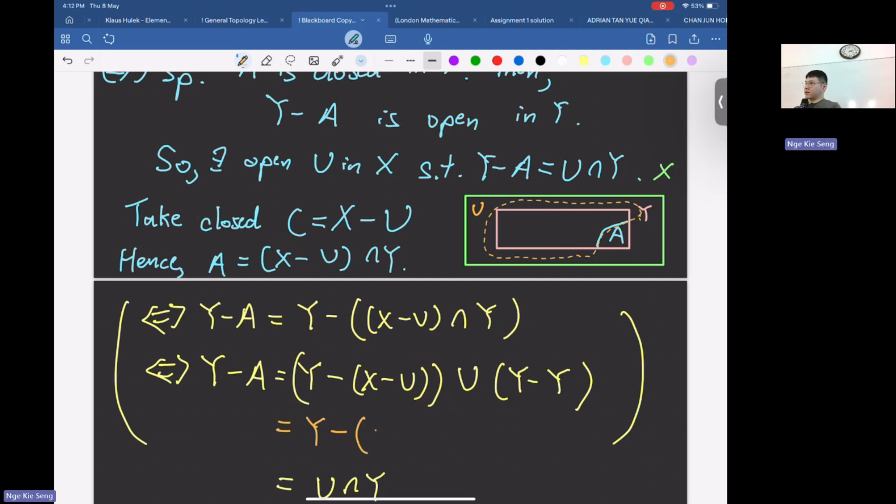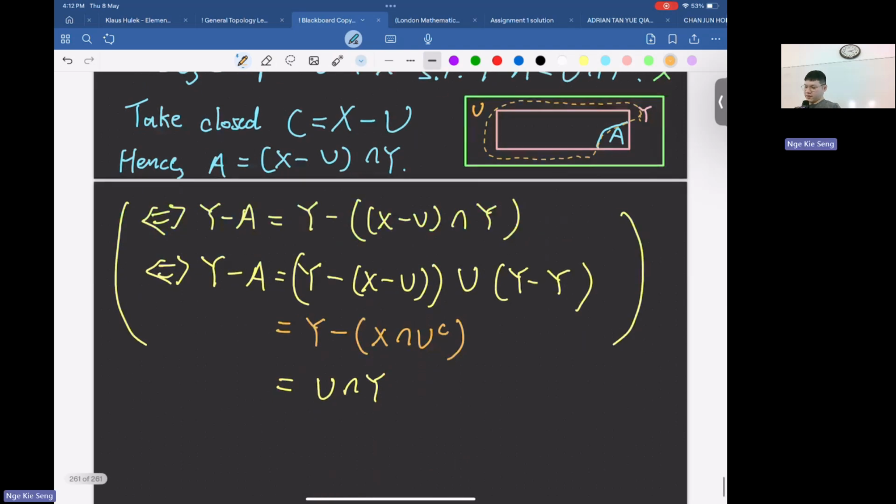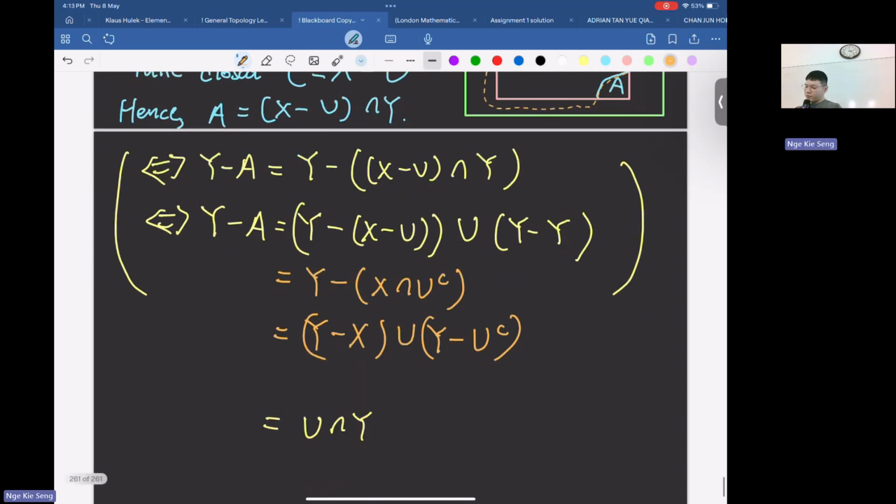It is X intersect with U complement. Okay. And then Y take away X union Y take away U complement. Okay, but Y take away X means everything gets taken away. It's again the empty set. Okay, you left with what? Y intersect with U complement complement.